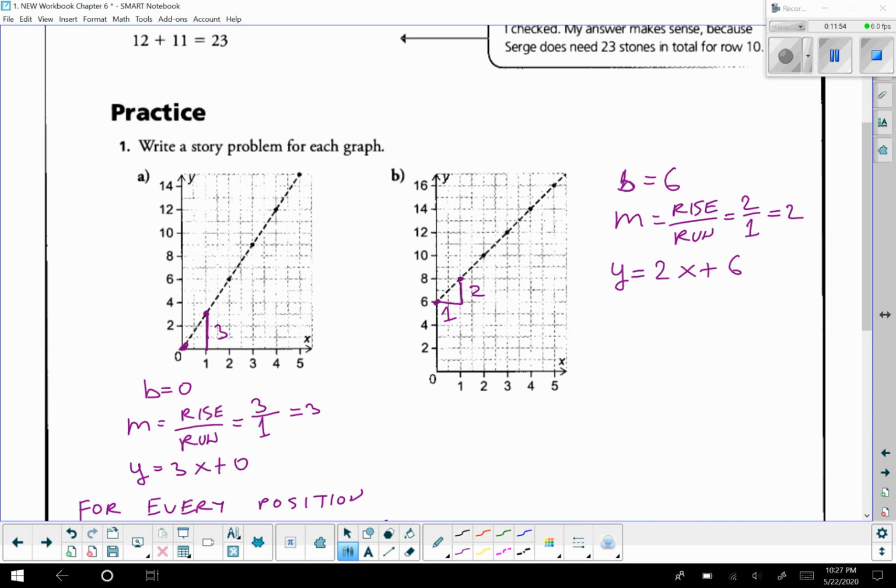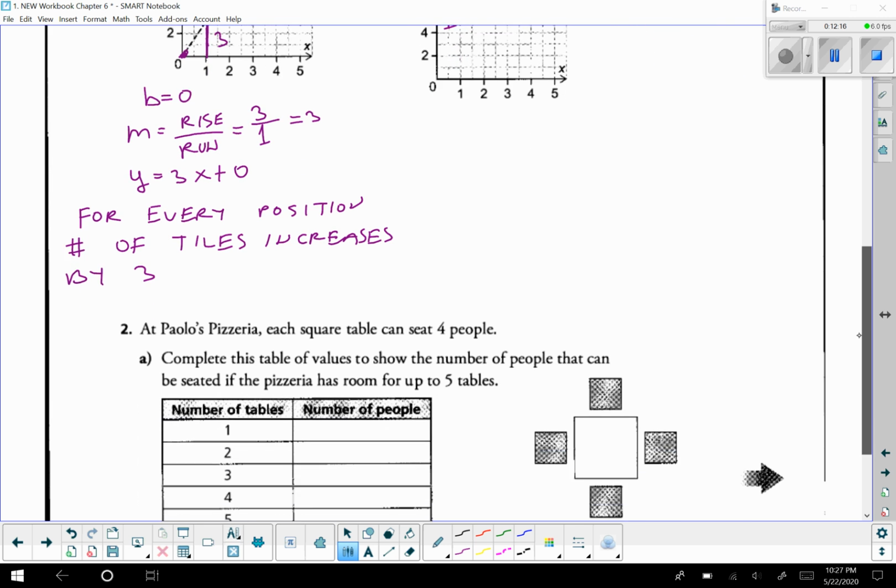So you can say, as you get into the cab, you're paying $6, and then for every kilometer, you're going to pay $2 more, something like that. So that can be a story. I'm not going to write that down, but you kind of get the gist of it. And that's kind of the usual question that people go to. All right, moving on to the next one.